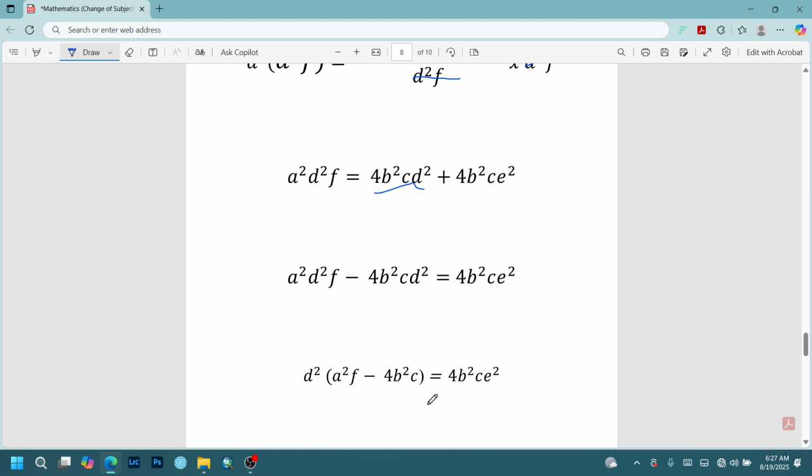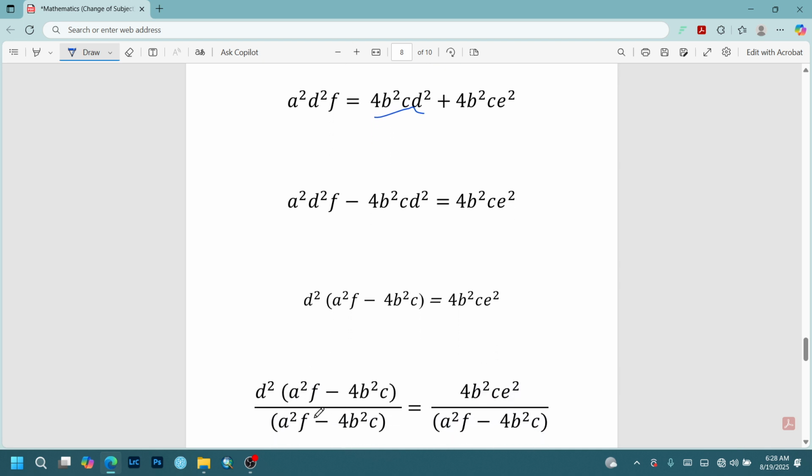And when you are doing the cancellation in mathematics, whatever you do to the left hand side, you do same to the right hand side. So we divide through both sides of the equation.